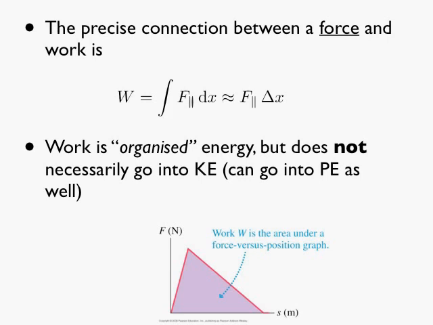Work is a change in a system's energy, so it moves faster, gets lifted higher, springs compress: organized energy. On a force versus displacement graph, work would be the area under the curve.